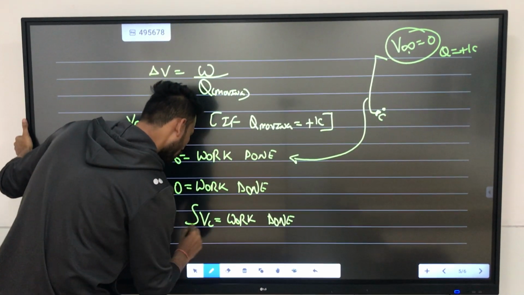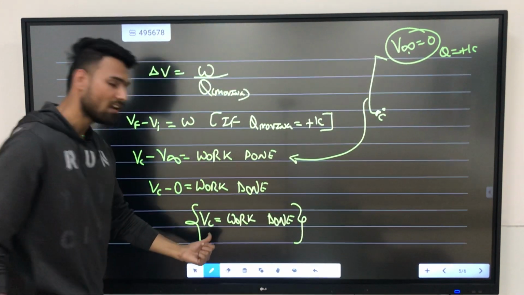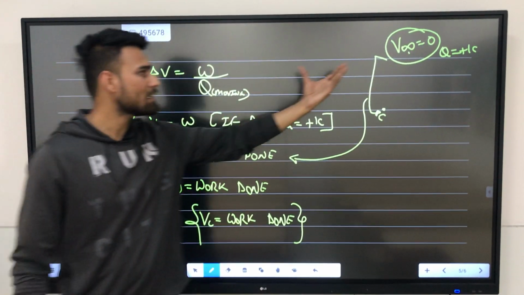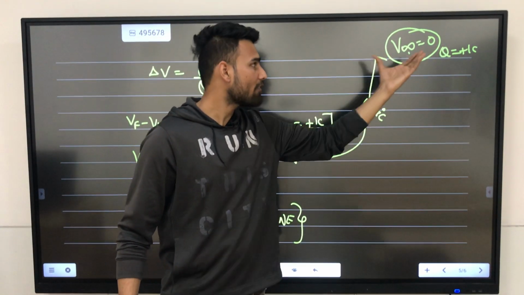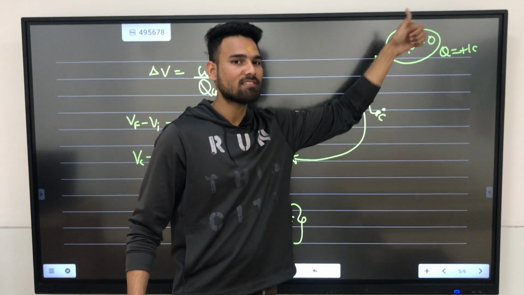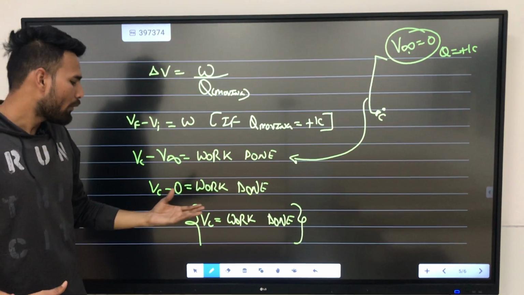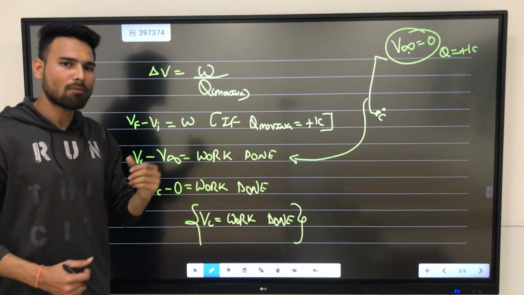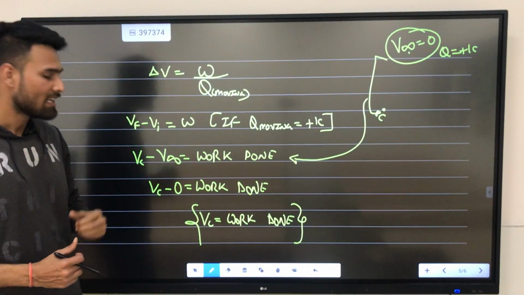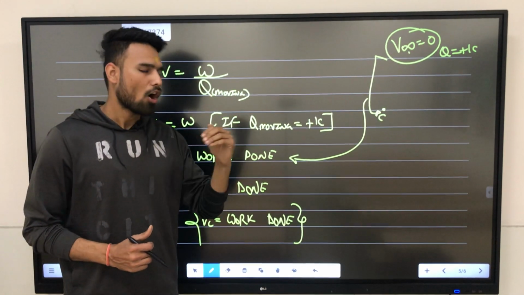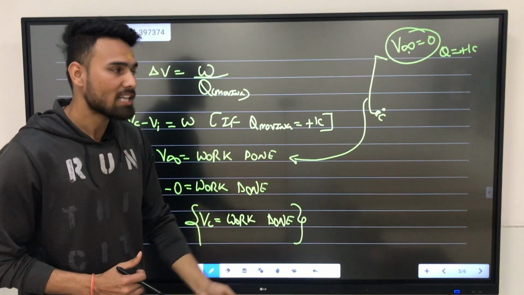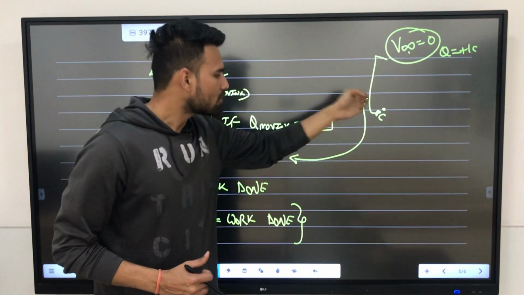So we can also define the potential now, on fixing the potential of infinity. If we fix the potential of infinity to be 0, we can define the potential of any point. The potential of a particular point is defined as the amount of work done on moving a unit positive test charge from infinity to this particular point.